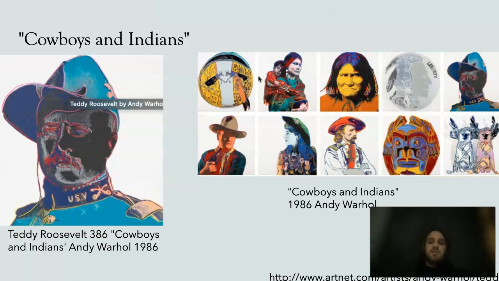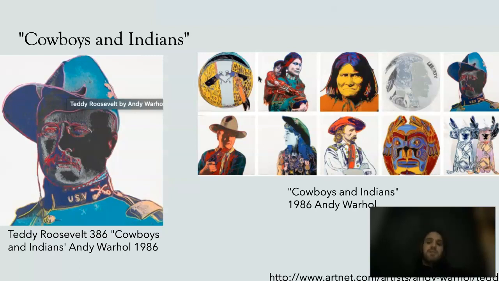We can see that Teddy Roosevelt's face is very dark and gloomy. His mustache and glasses and eyes are shaded with blues and outlined by reds, with a pink outline of his hat and teal.